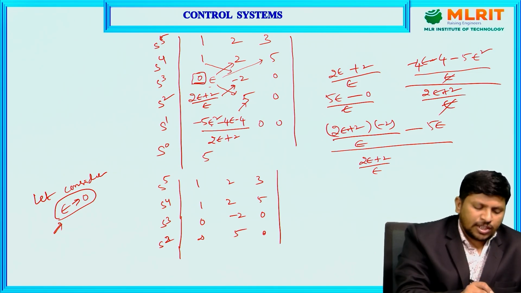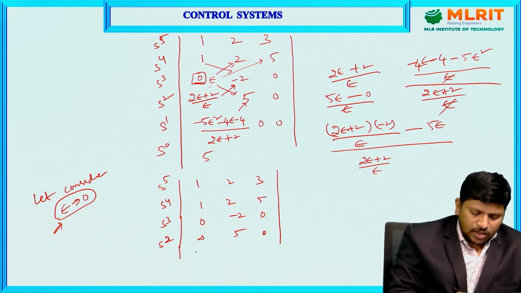Next, 0 minus 4 divided by 0 2, so minus 2, and 0, 0. The last value is 5, for s power of 1 and s power of 0.